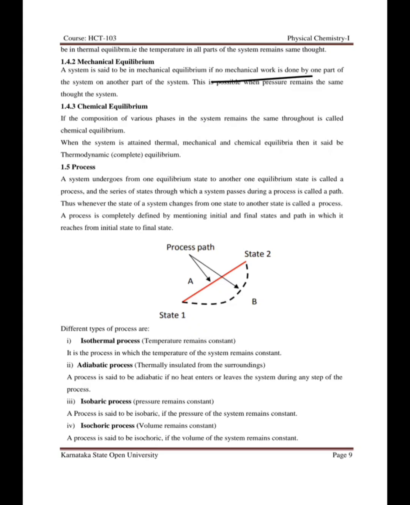Next is chemical equilibrium, where the composition across the phases of the system does not vary and no reaction is taking place. When the system attains thermal, mechanical, and chemical equilibrium, it is said to be in thermodynamic equilibrium.